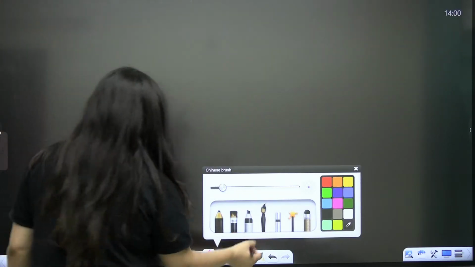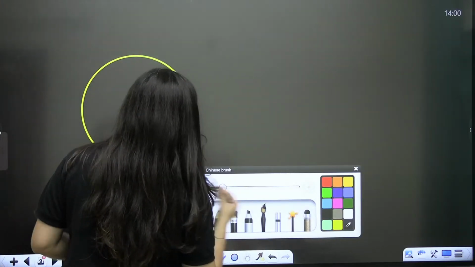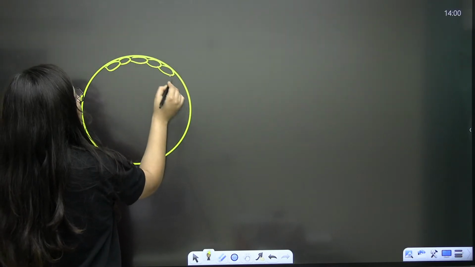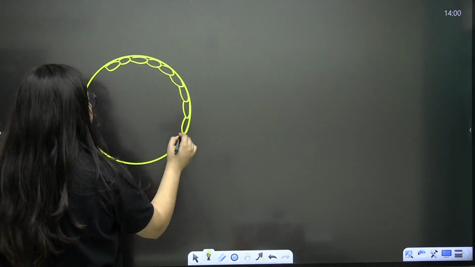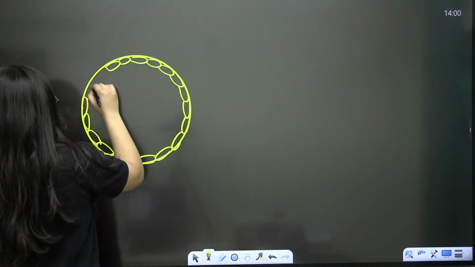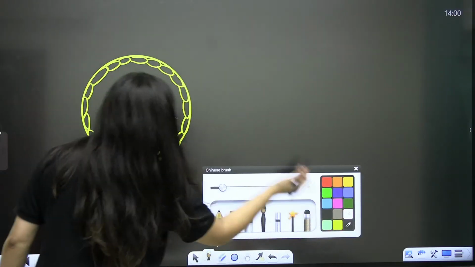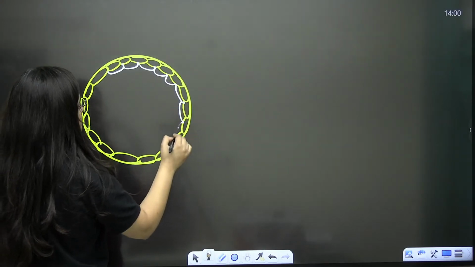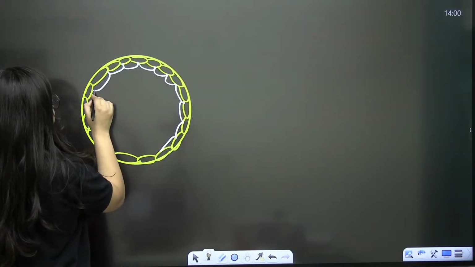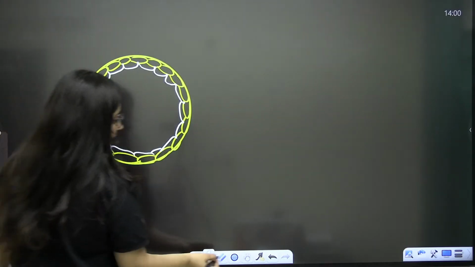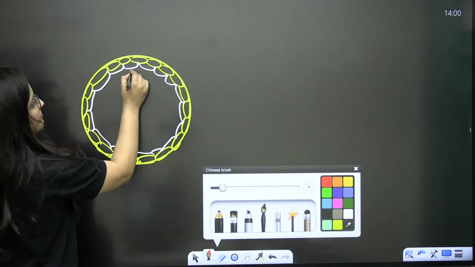Now, children, you know this arrangement, isn't it? We have the endodermal cells here. Let's focus on this vascular bundle part first. So we have the endodermal cells here, then the pericycle is there. Then you have the xylem and phloem.